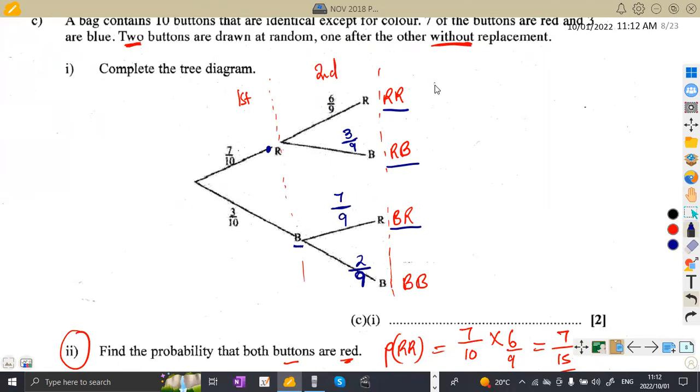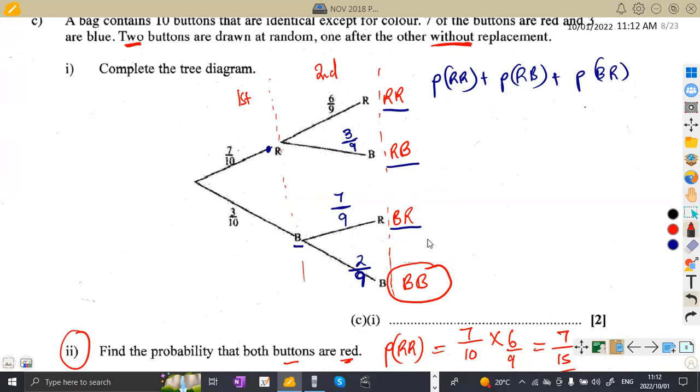So our answer is going to be the probability of red-red, plus the probability of red-blue, plus the probability of blue-red. But instead of taking all these, since we are just left with this blue-blue, I'm going to take this blue one and subtract.